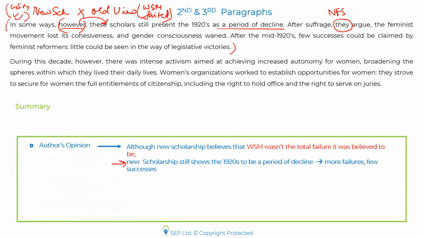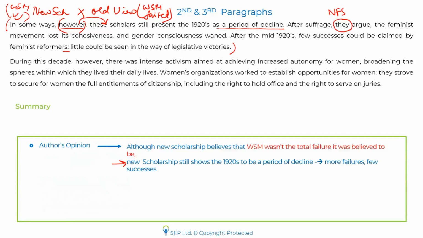If you don't know the meaning of cohesiveness, don't worry, but if you do know, cohesiveness means lost its togetherness, lost its unity, and gender consciousness waned. So the whole consciousness about women's movement, women's suffrage, went on a decline. After the mid-1920s, few successes, meaning hardly any successes, could be claimed by the feminist reformers. And more explanation of that is given after the colon here: little could be seen in the way of legislative victories.